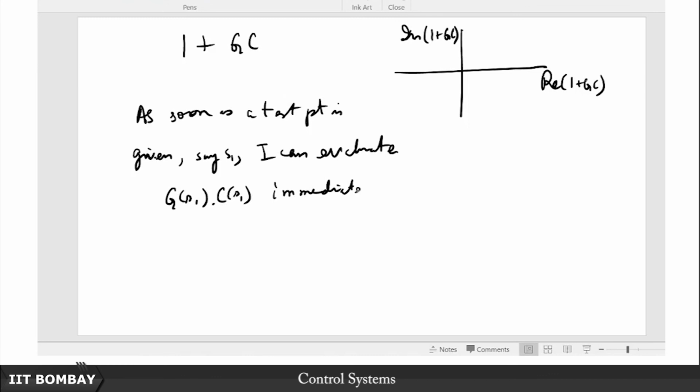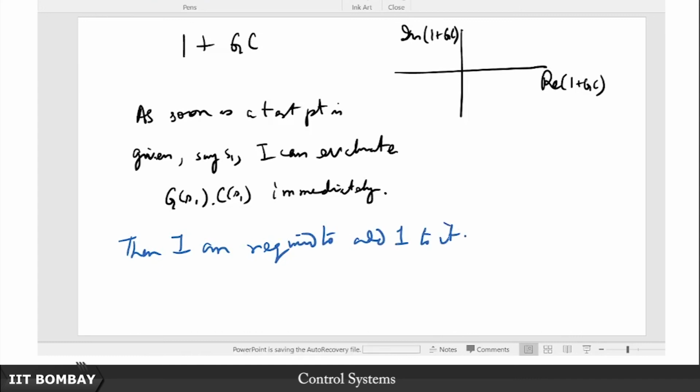This comes directly. Now in order to get 1 plus GC, I am required to add 1 to it.